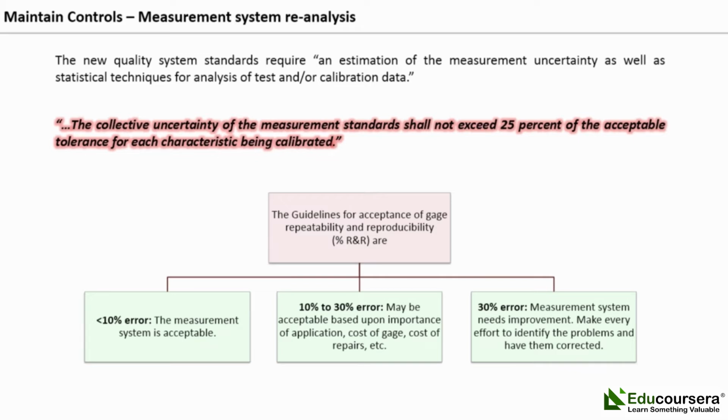Note: although the factors are different, the term less than 10% looks similar to the 10:1 ratio, and 10% to 30% looks similar to the 4:1 ratio or 25% from earlier methods. The expression of measurement uncertainty includes both the range and the level of confidence at which the statement is made.